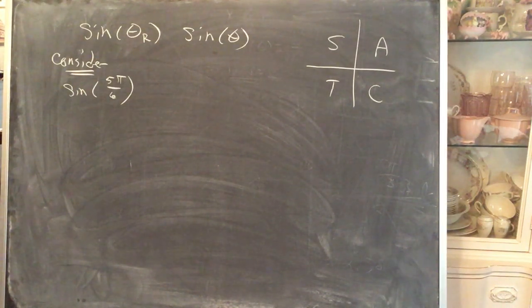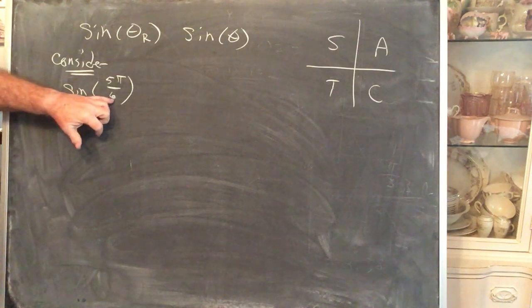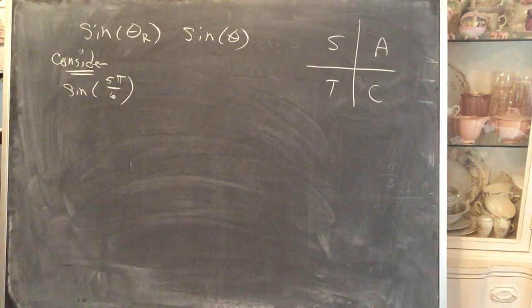From our earlier work, the question is, do we remember the reference angle family? Well, 5 pi over 6 is in the reference angle family for pi over 6. And do we remember that 5 pi over 6 is in quadrant 2? The reference angle family for pi over 6, think through that again: that's pi over 6, 5 pi over 6, 7 pi over 6, and 11 pi over 6.